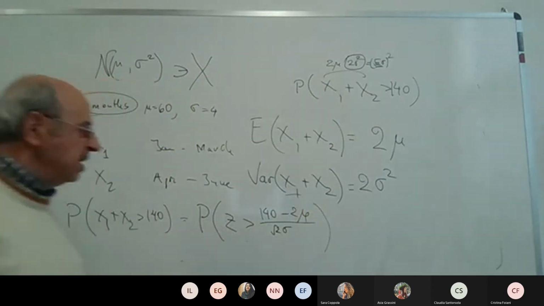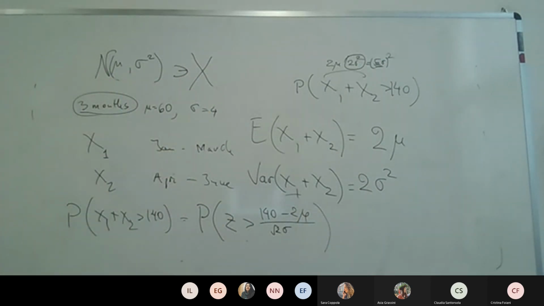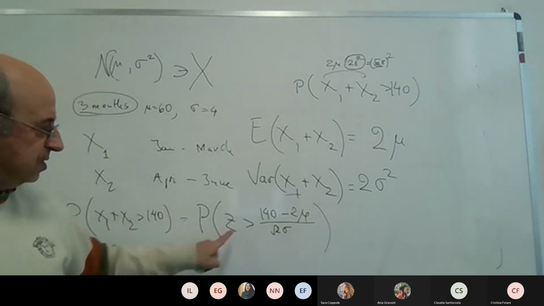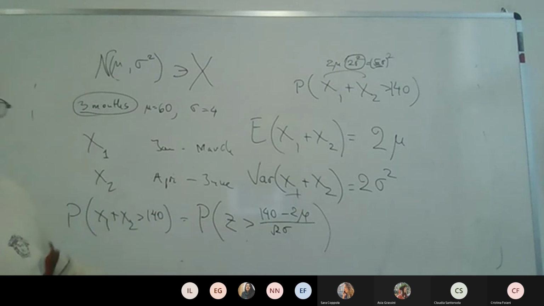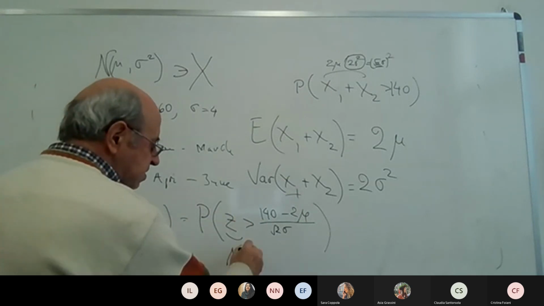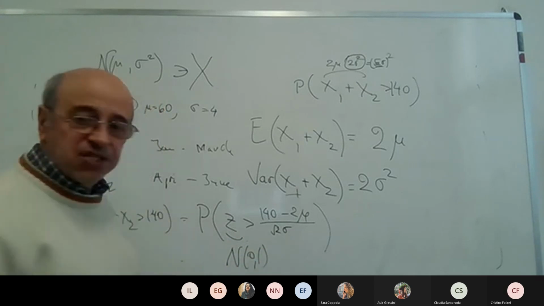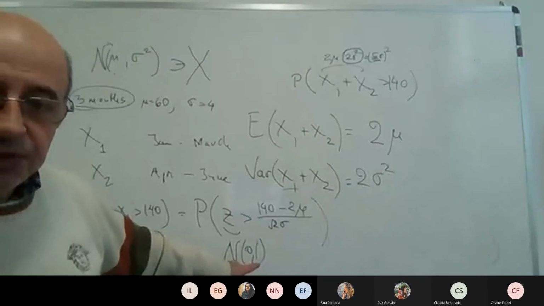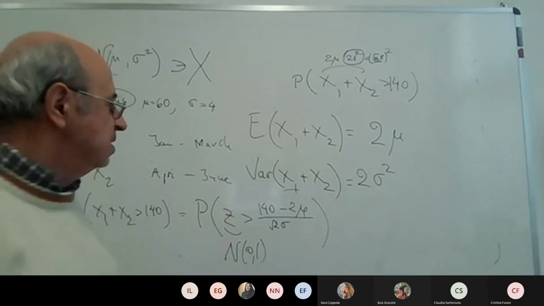And if mu and sigma are given, you take your values of mu and sigma, compute this quantity, and then zeta is a standard 0,1 distribution. And for this standard 0,1 distribution, you have tables, you have Excel.